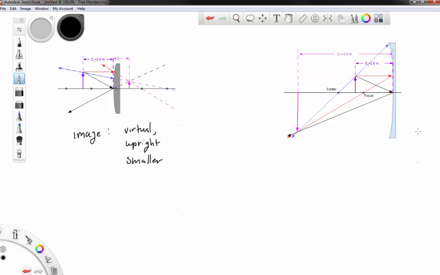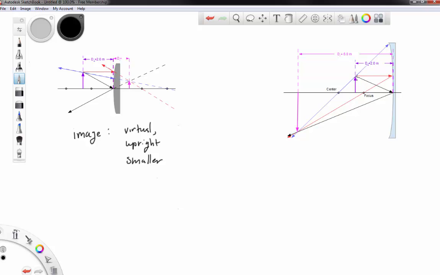Then for the concave version, I did the same 3 as I drew for this one. So here's the original object. Here is the ray that's parallel to the principal axis. It reflects through the focal point.